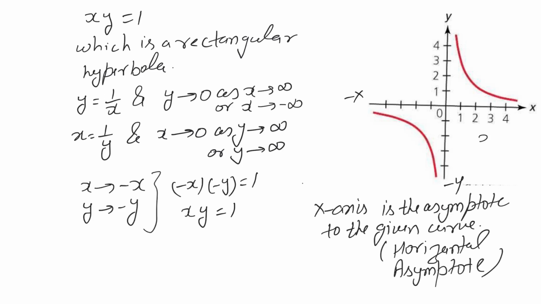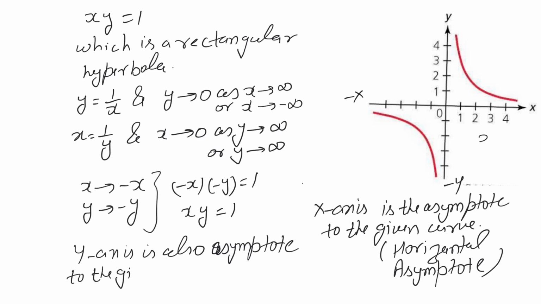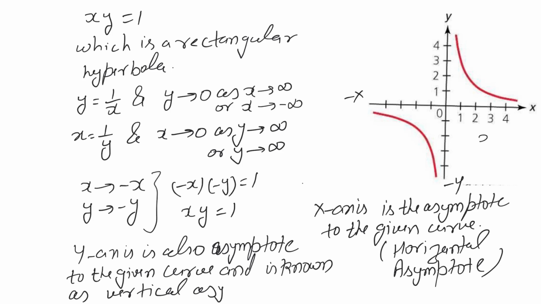So there would be no exaggeration in saying that the y-axis is also an asymptote to the given curve, and it is known as the vertical asymptote.